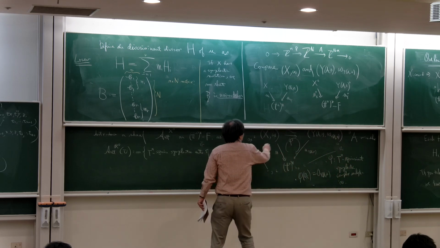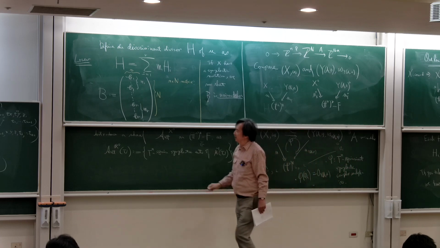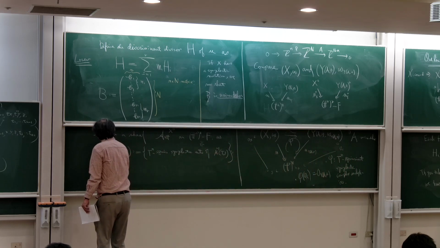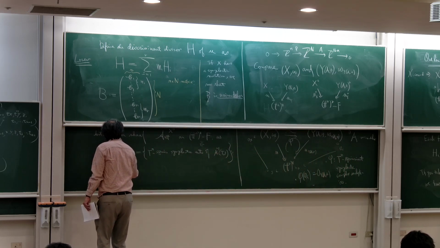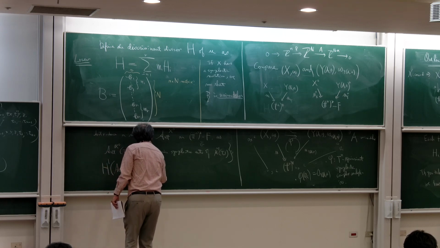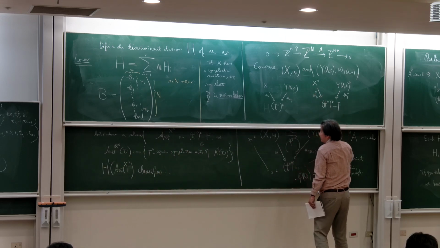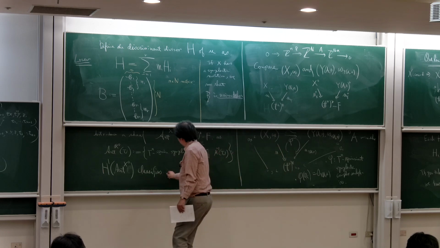Then there's such a space. The space is classified: H^1 of Aut X_0 classifies such fibrations.